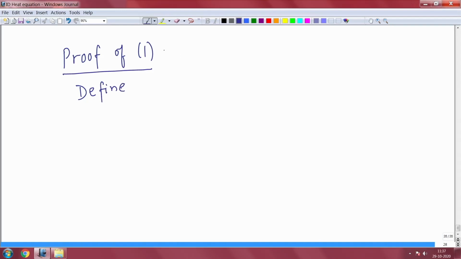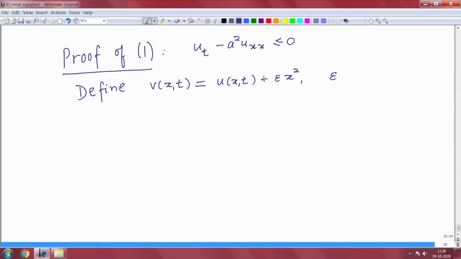So, this means we are assuming u_t minus a squared u_xx is less than or equal to 0 in Omega_T. So, define v of x, t is u of x, t plus epsilon x squared. So, epsilon is a small positive number.